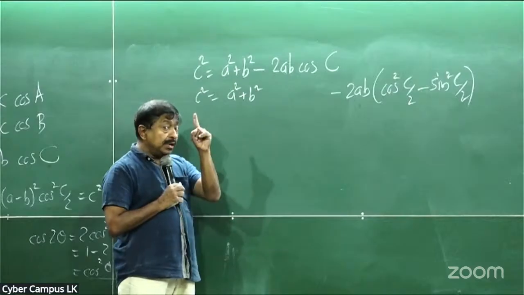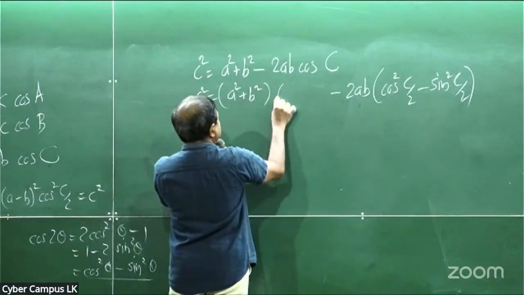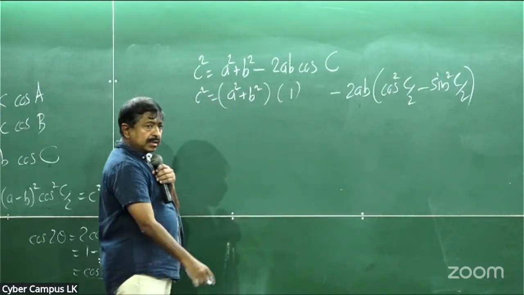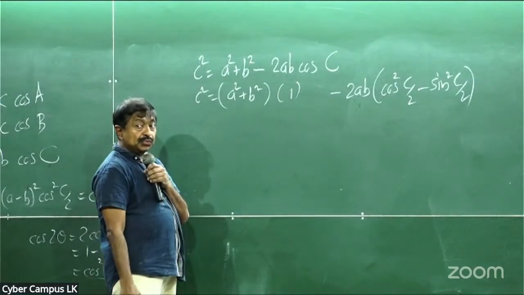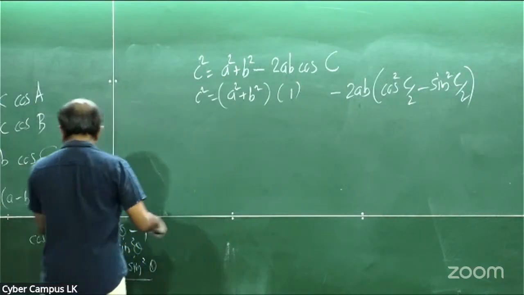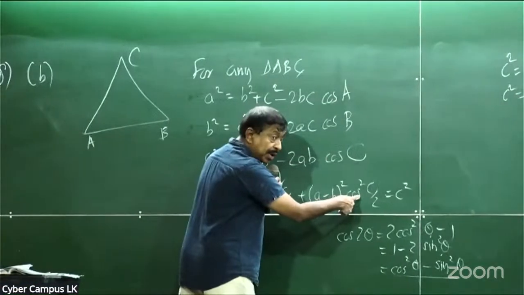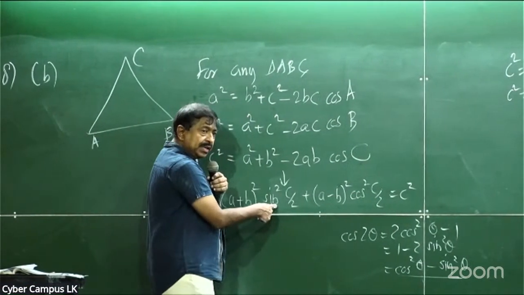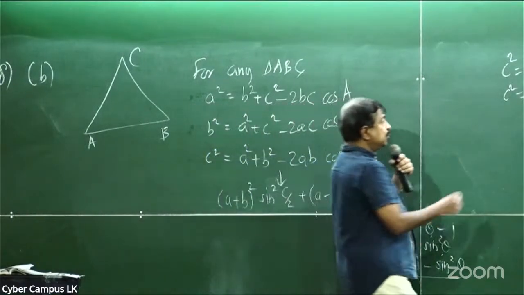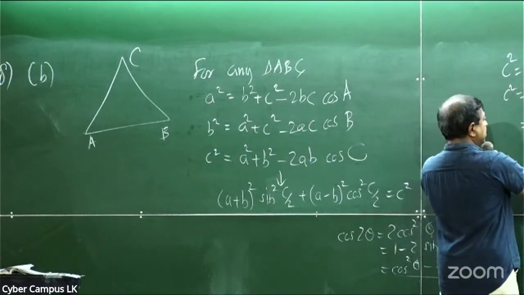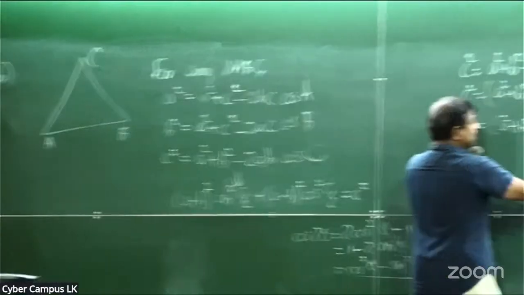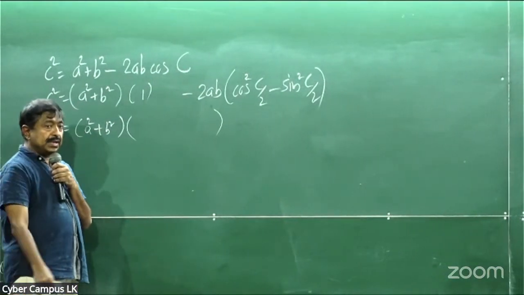Can you write one? Now you can write this as one, right? How can you write one in terms of cosine and sine? At the same time, wherever you have cosine, it will be a square. Wherever you have sine, it will be a square. So you can write it like this. How do you write one in terms of cosine and sine?